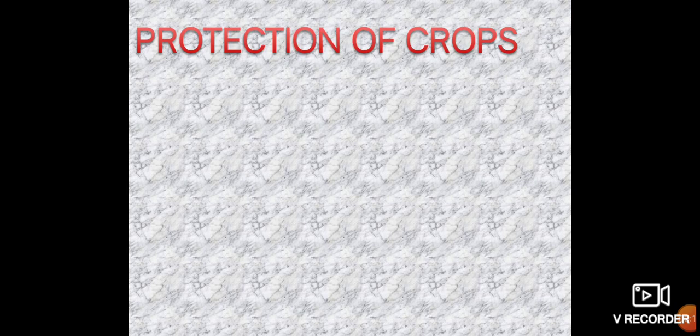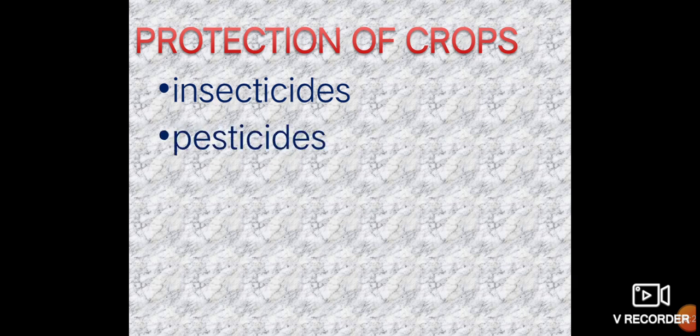The next thing is protection of crops. We have to use insecticides and pesticides to keep the crop free from pests and insects. But these chemicals are harmful, so we can use biopesticides, which are natural and not harmful.